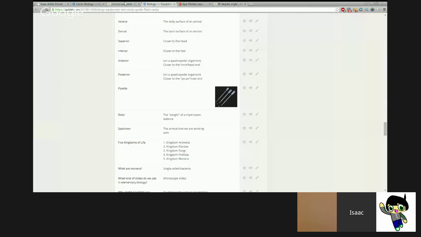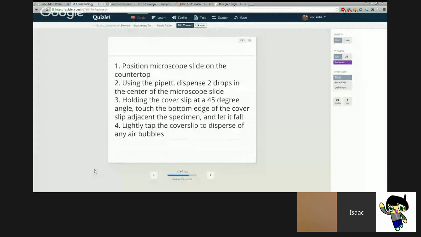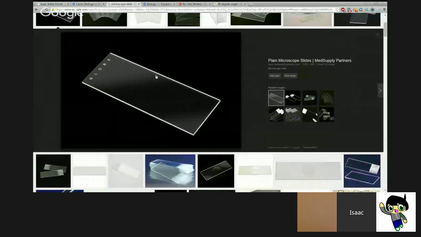Then we lower the cover slip in and tap it lightly to dispense of the air bubbles. When you're working with a microscope, you're going to have a little dark center, right? All right.